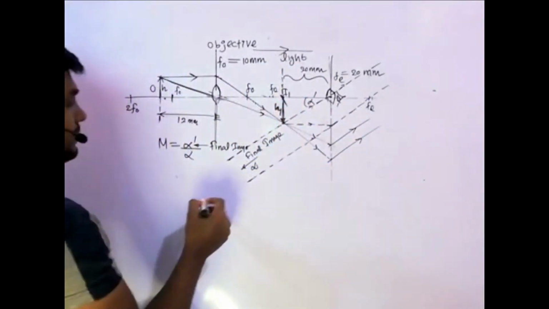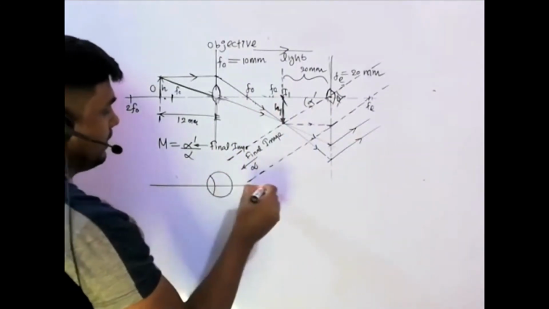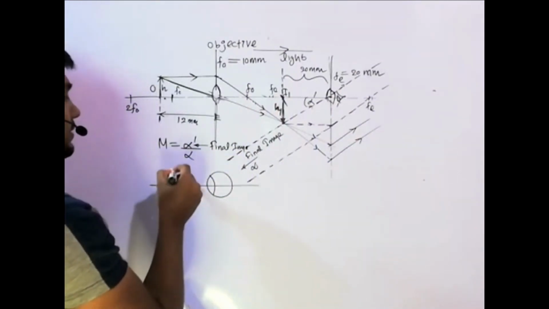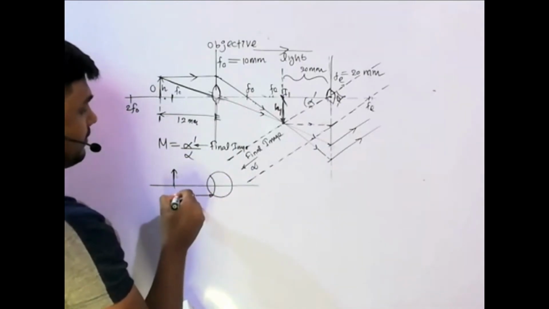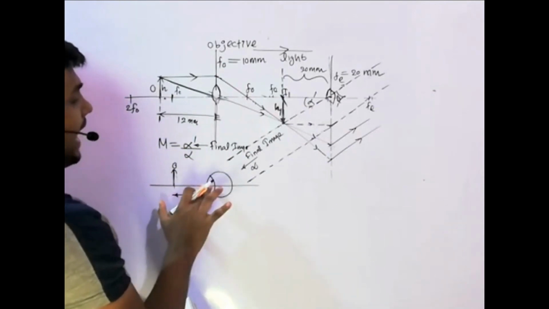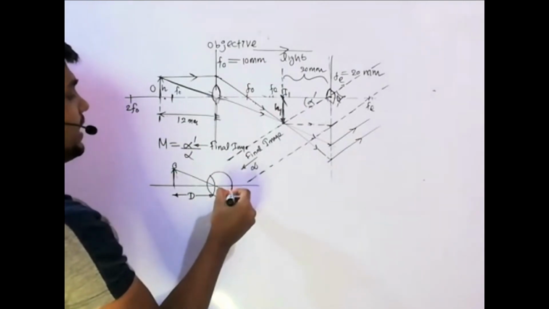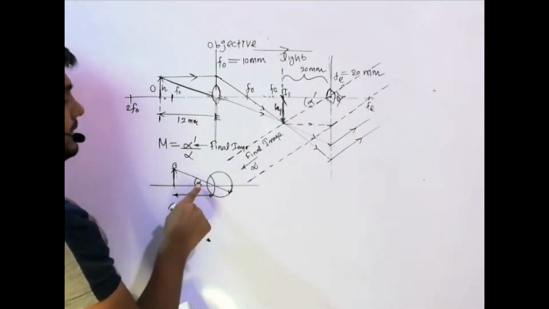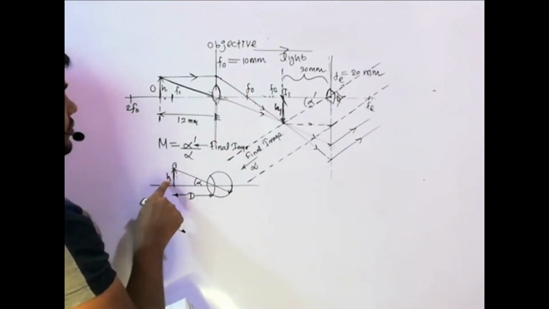For example, suppose this is my eye, and now I keep this object at the near point. Then the angle subtended by the object to my eye is alpha. The height of the object is h.